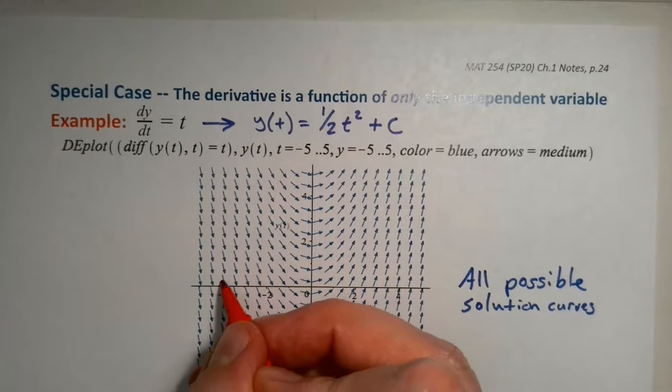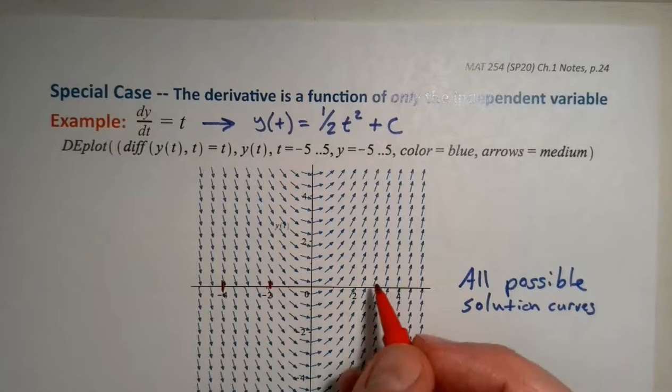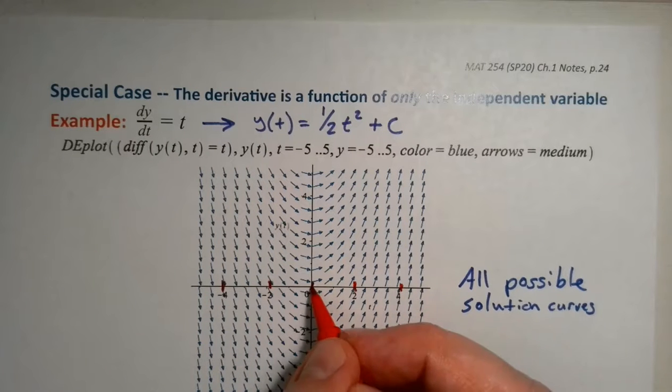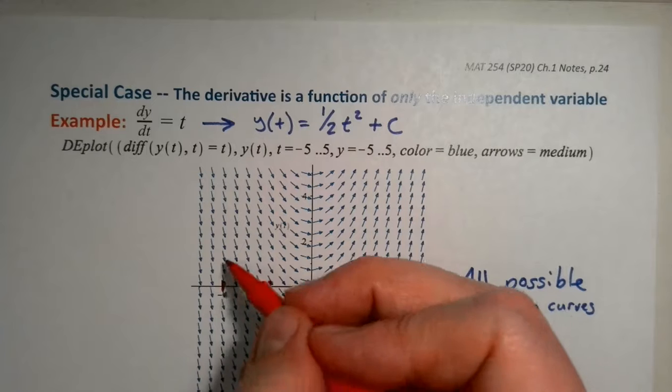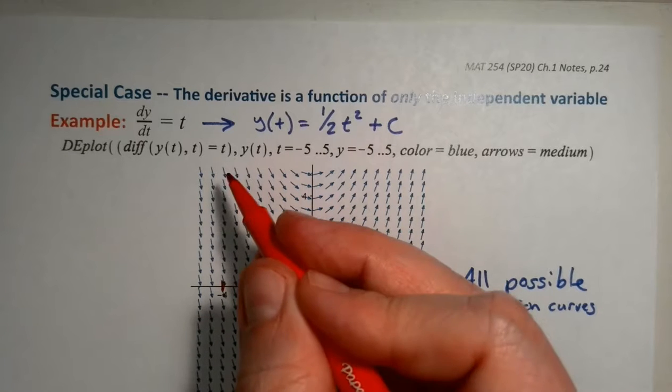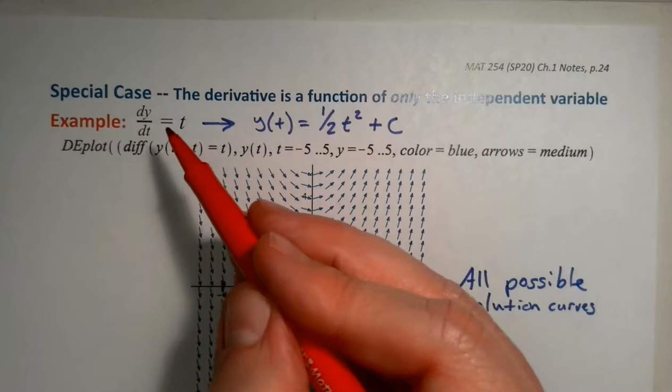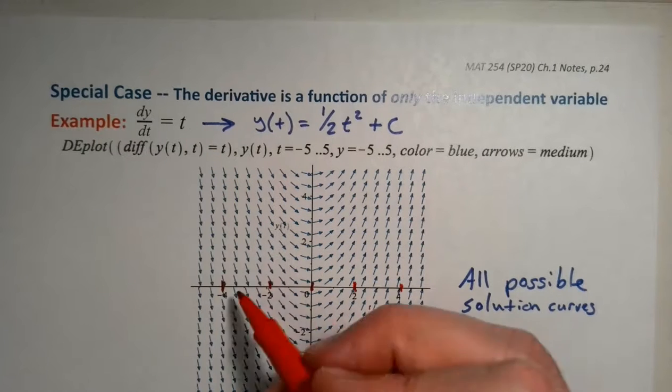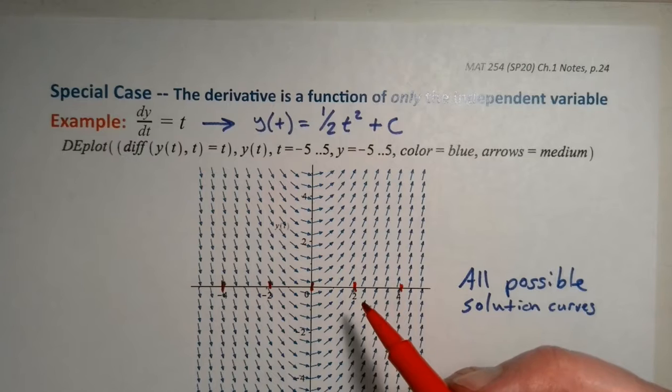So if you're at -4 or -2 or 2 or 4 or 0 or anywhere in between, anywhere on that vertical line, every place has the same slope. The slope only depends on where you are horizontally. There's no vertical component to it.